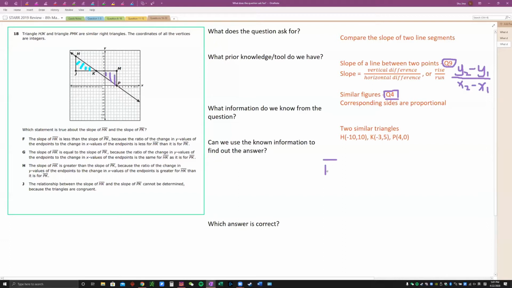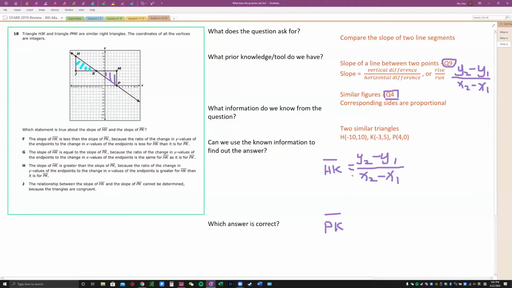So HK, and the line of PK. For HK, we are going to do y2 minus y1 over x2 minus x1.